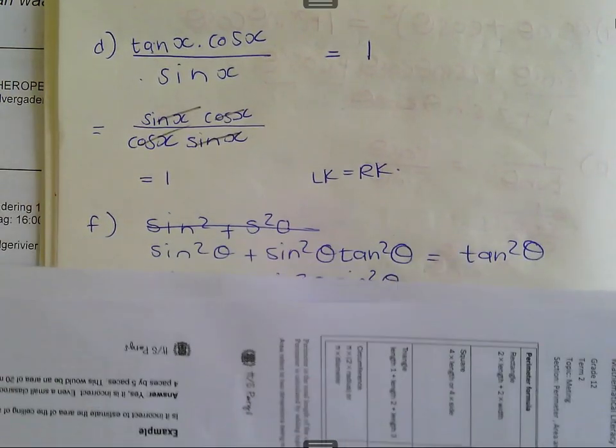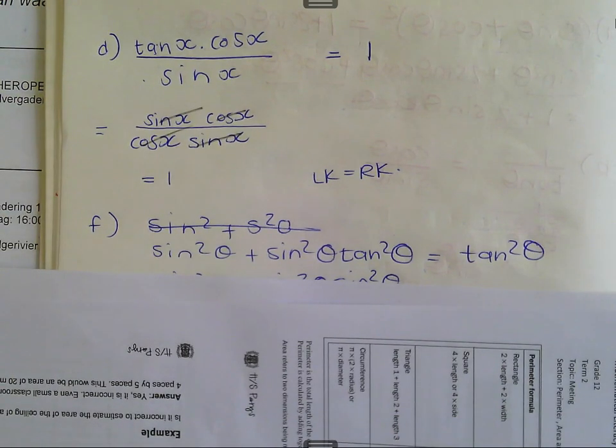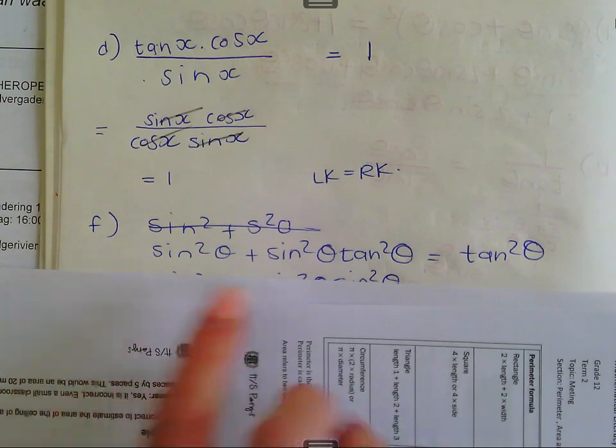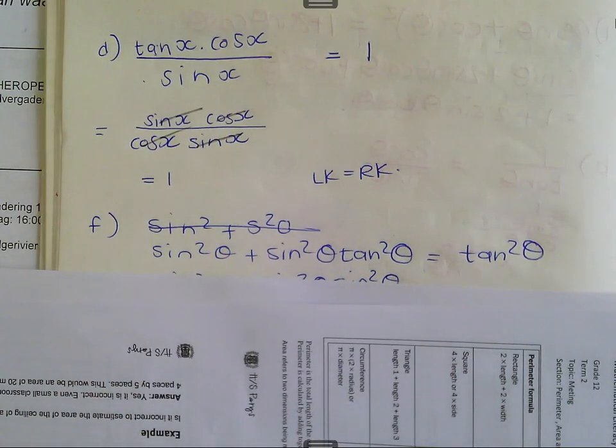Right, next up was sin squared theta plus sin squared theta times tan squared theta. You have to prove that it's equal to tan squared theta. Now, once again, more than one way of doing it. Is there someone who can see a step that I can take? Any step. Anything that I can do right here.